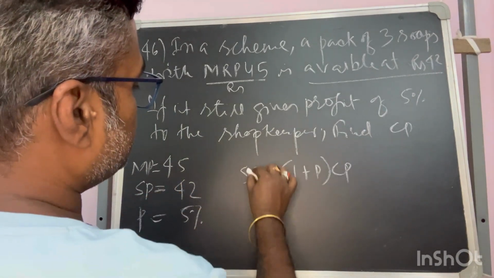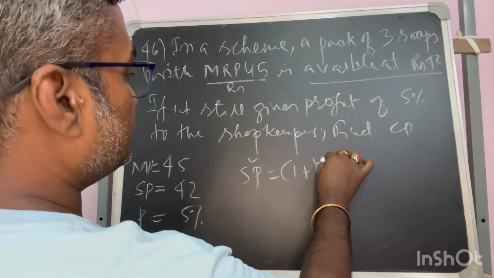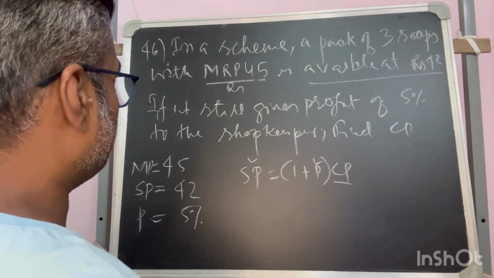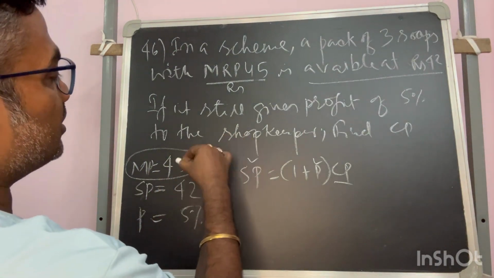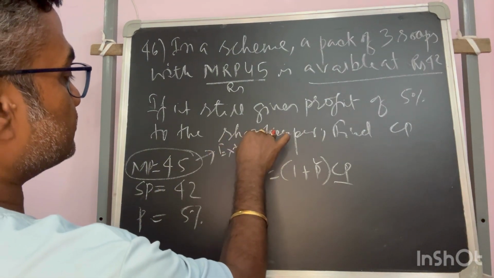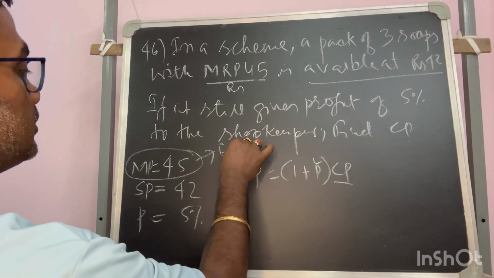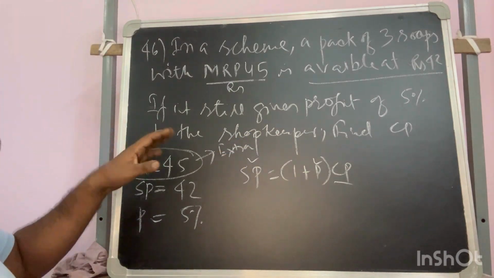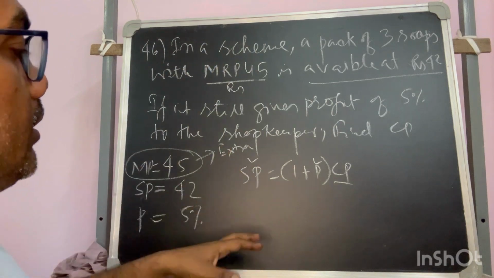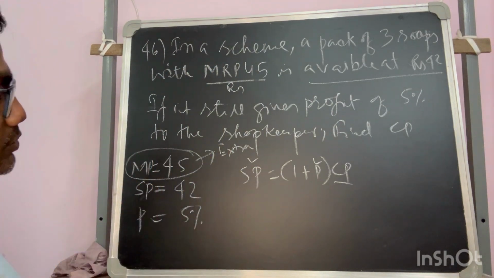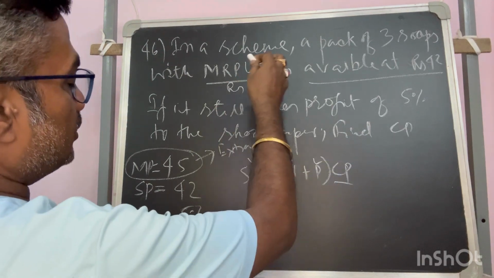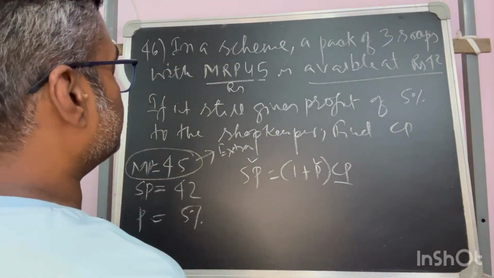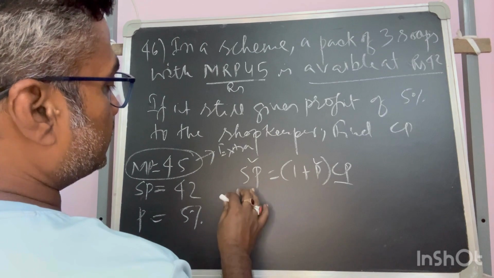In that equation, profit is known, you have to calculate CP. So this data given is superfluous, not needed, extra data. Sometimes it is also part of the math that some extra data is provided to confuse students. So you need not worry, because you have clarity, you have done so many problems, so you know what is needed for what.